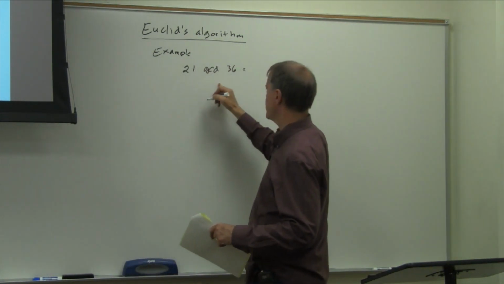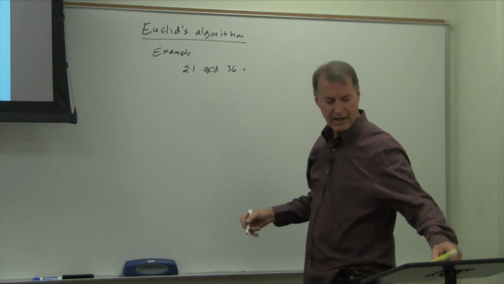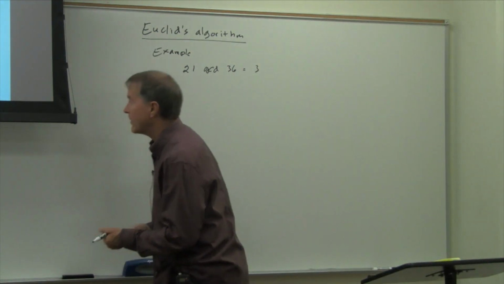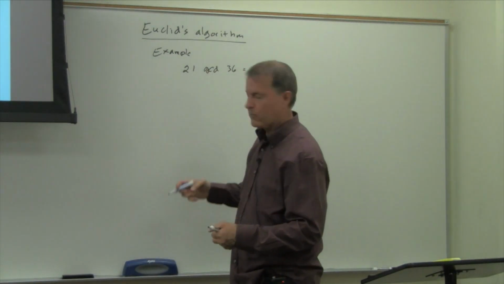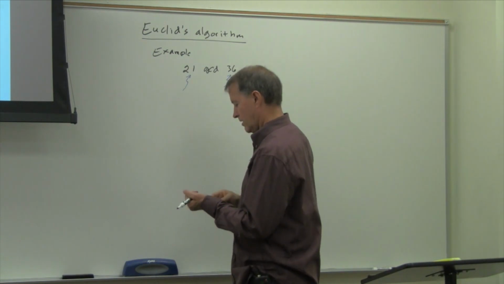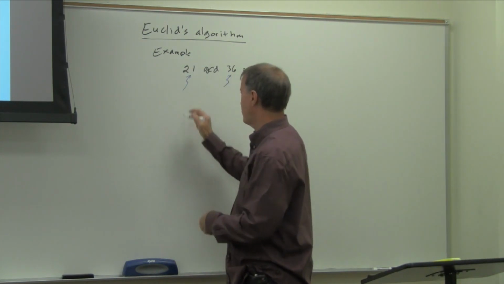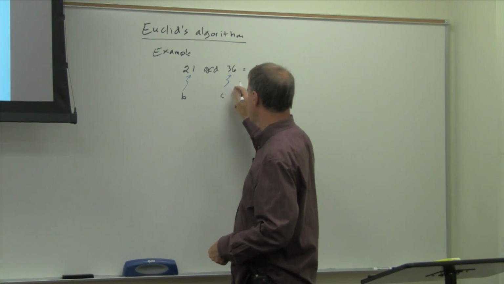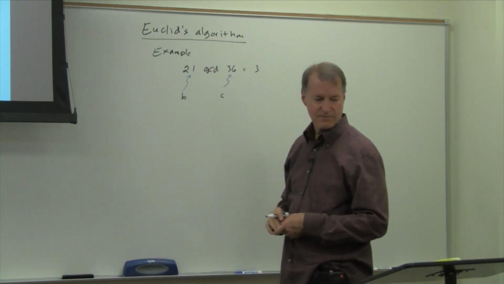What is the GCD of 21 and 36? Just before we do it, that's 3, right? Is everybody clear on that? So the way this algorithm is going to work, 21 is our B. We're going to assume that B has the initial value 21 and C has the initial value 36.